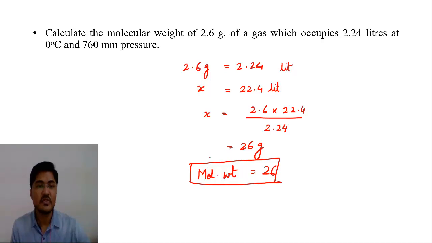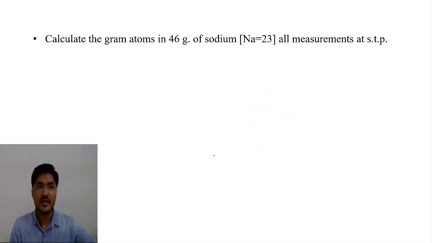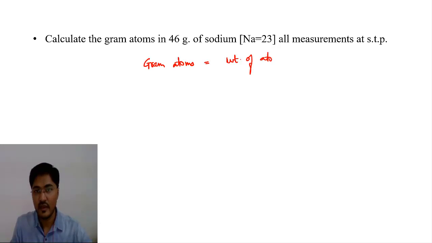Now let's look at the next question. Calculate the gram atoms in 46 grams of sodium, all measured at s.t.p. Now in the last session, that is lecture number 3, we have seen that gram atoms equals weight of atoms that is given divided by atomic weight.